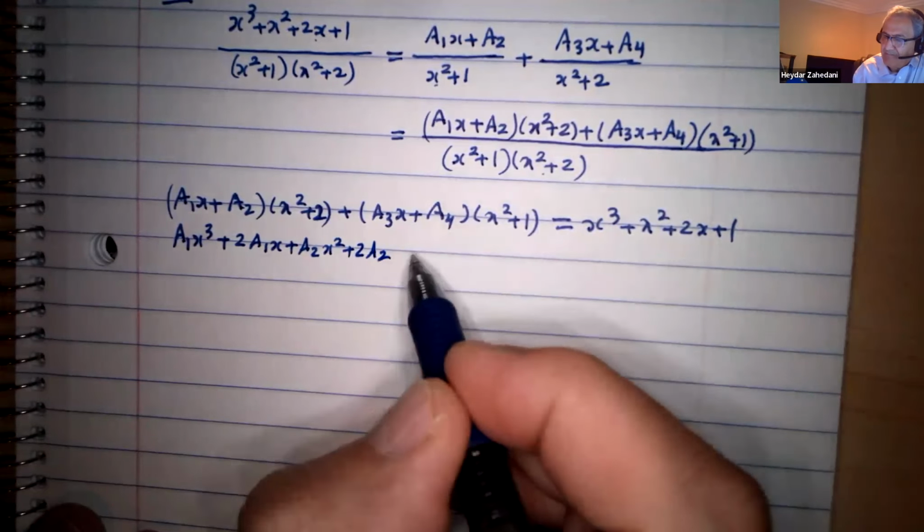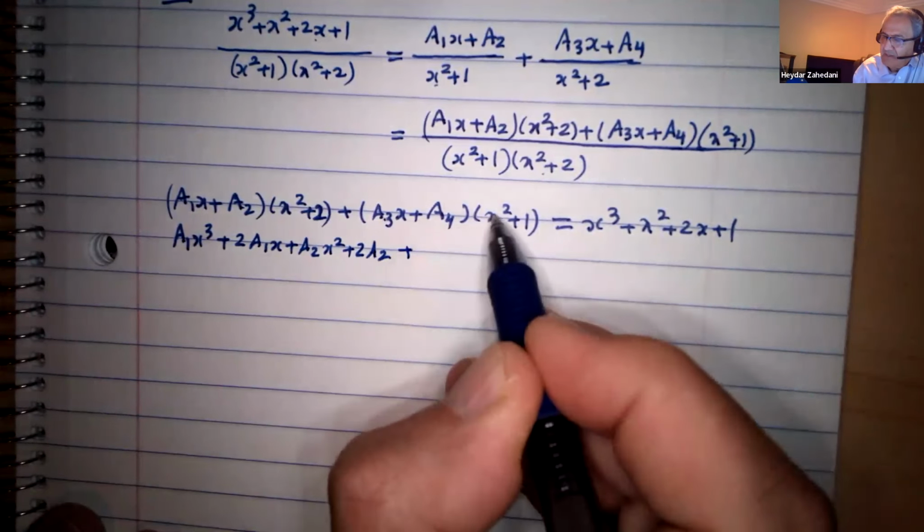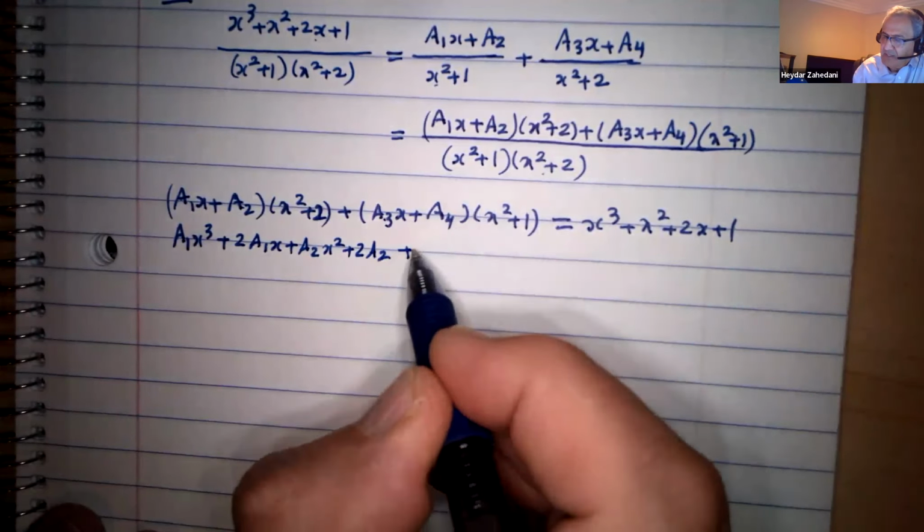Continue with this one: plus A3x cubed, and that's going to be A3x, plus you multiply this one, plus A4x squared, and you multiply this one, that will be A4. And this is equal to x cubed plus x squared plus 2x plus 1.